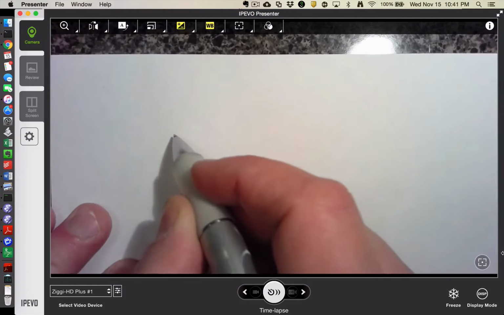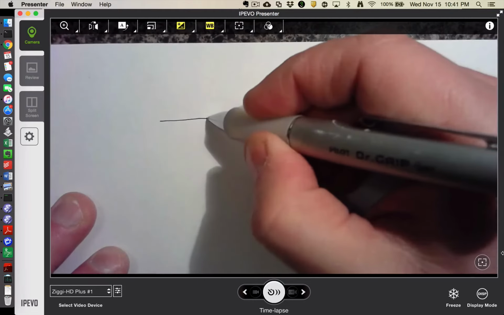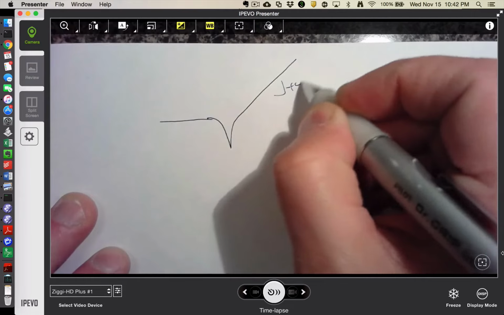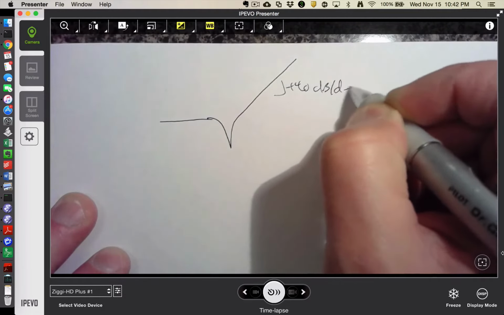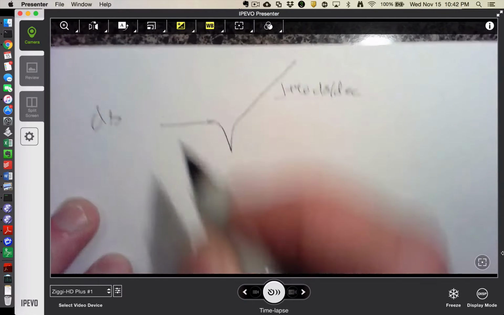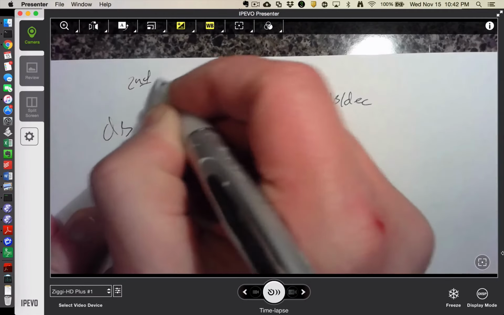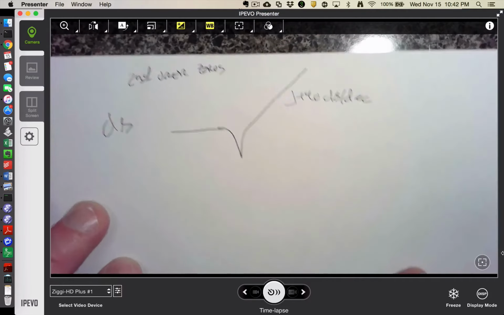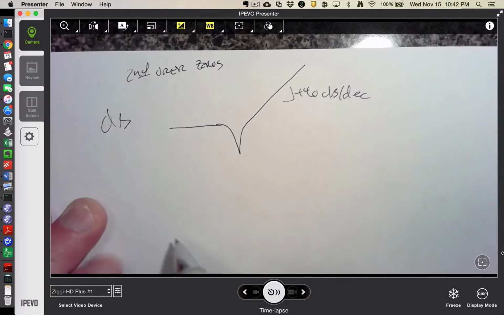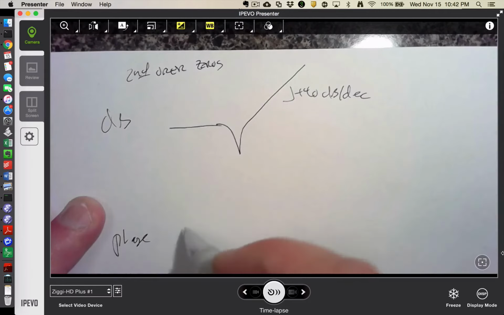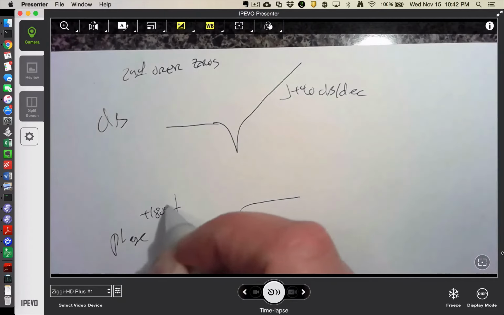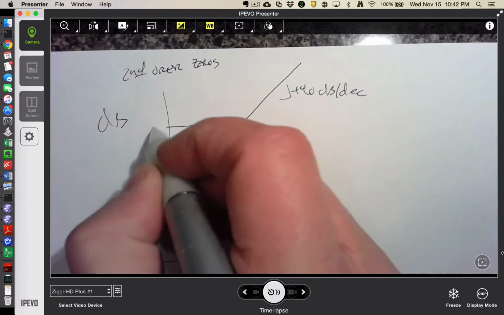So my magnitude would have a valley rather than a peak, and then it would go up at plus 40 dB per decade. So that is a dB mag, and this is a second order complex conjugate pair of zeros. And then my phase would go up plus 180 degrees.